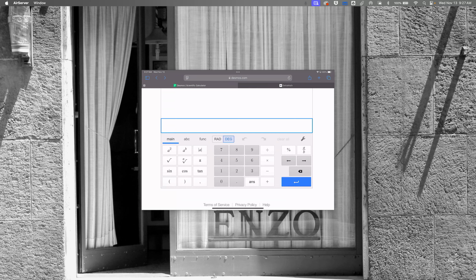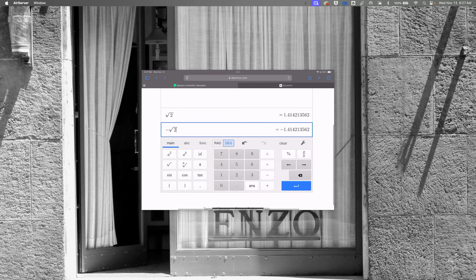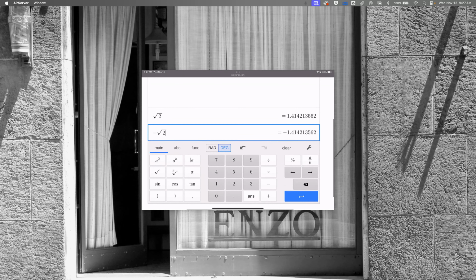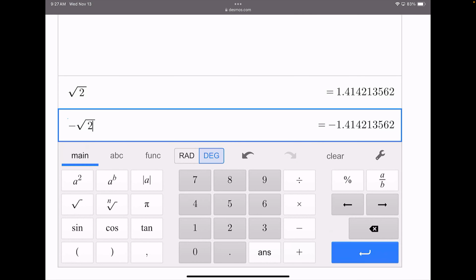So I need to know where positive square root of 2 is and negative square root of 2 is. Don't know why this got smaller. There we go. Positive square root of 2 is about 1.5, a little less than 1.5.